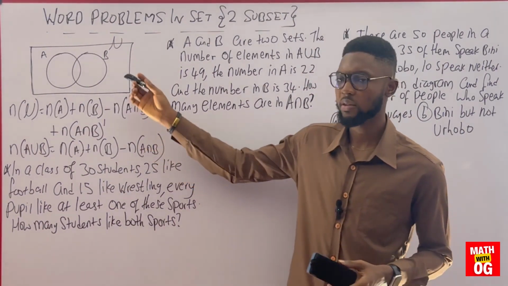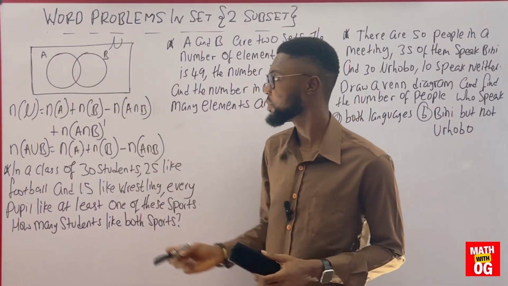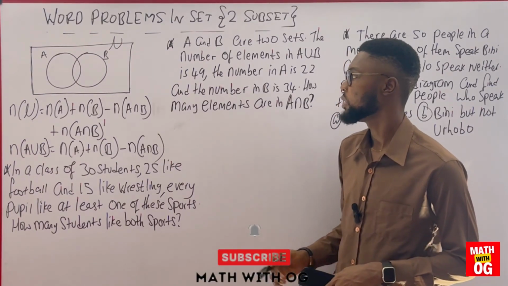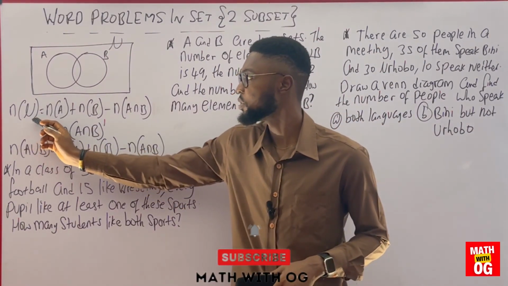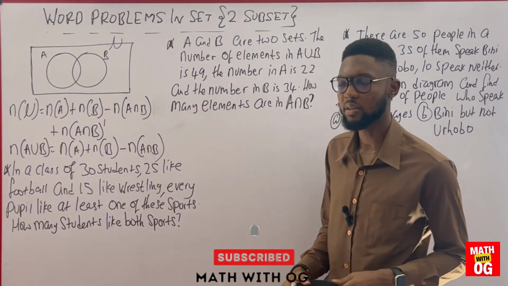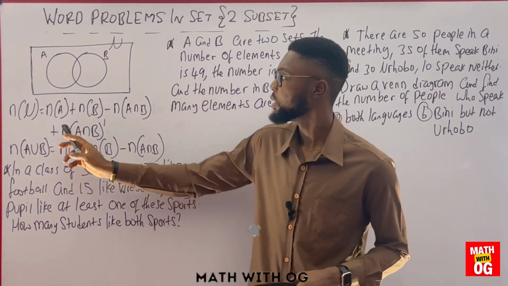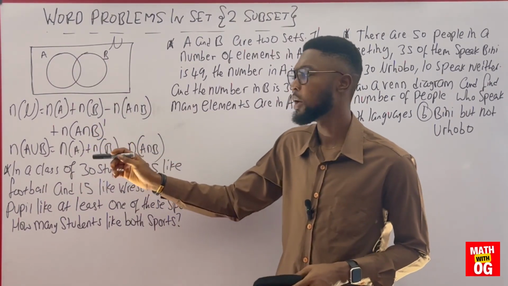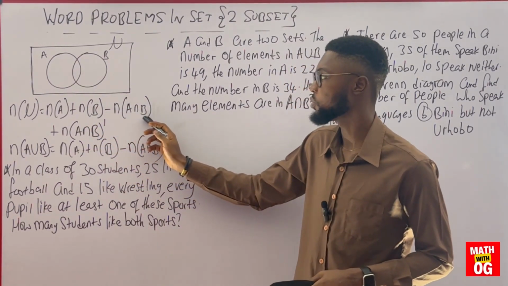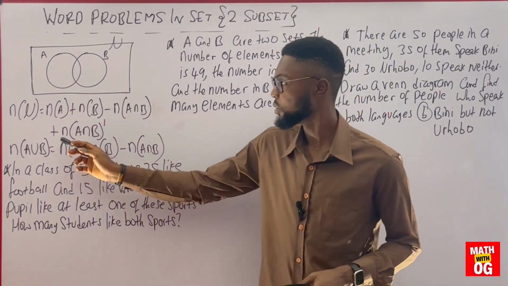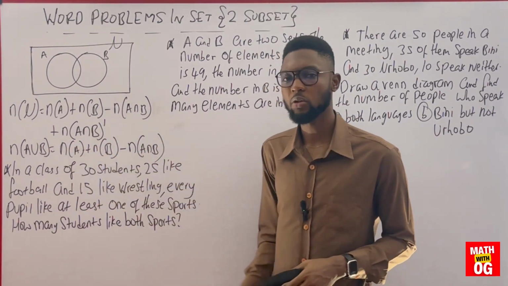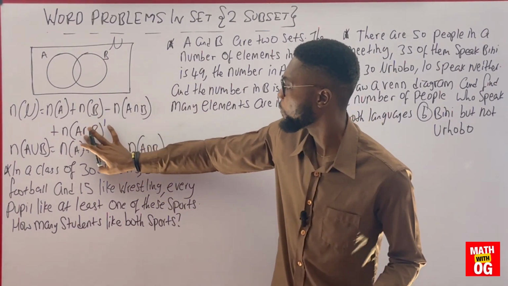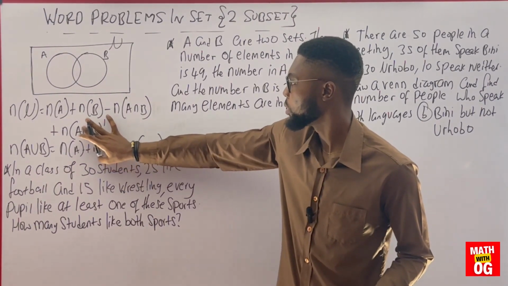If I give you a universal set with two subsets, let's say a subset A and a subset B, the cardinality of the universal set, that means the total number of elements in the universal set, is equal to the cardinality of subset A plus the cardinality of subset B minus the cardinality of what is common to A and B plus the cardinality of the complement of A union B. Sorry, let me correct that.